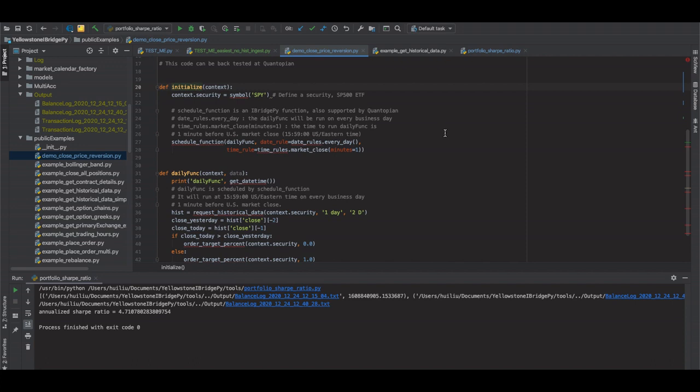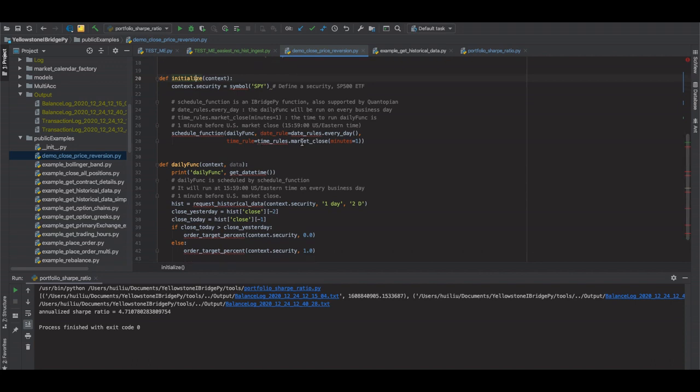We use SPY as a demo. And there's an IBridgePy function called schedule_function. This function is used to schedule other functions to run at specific times.